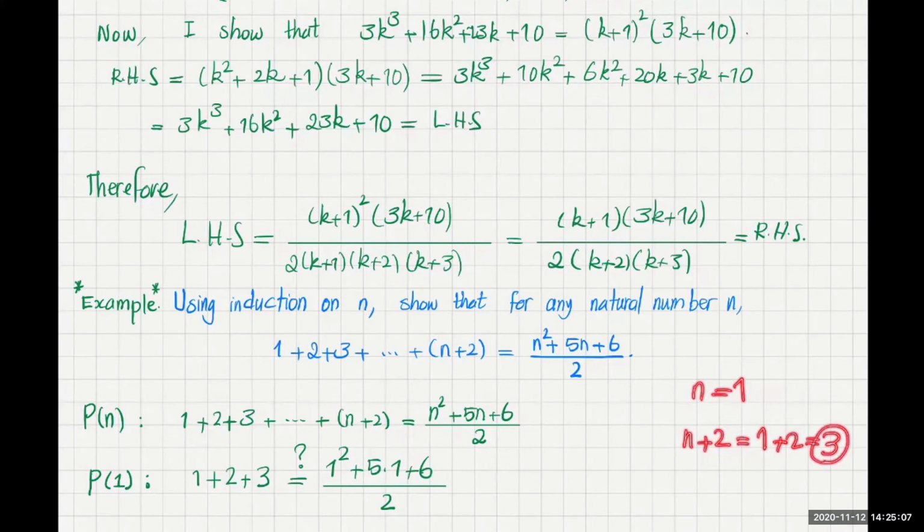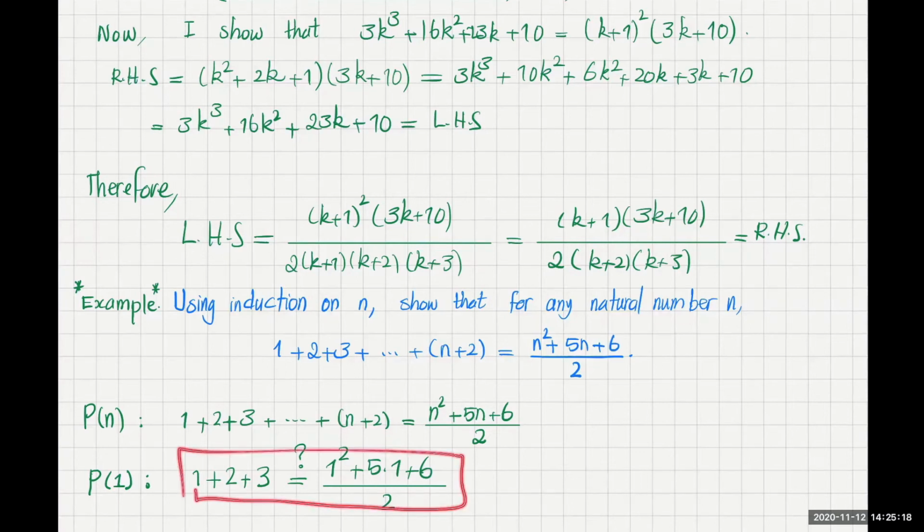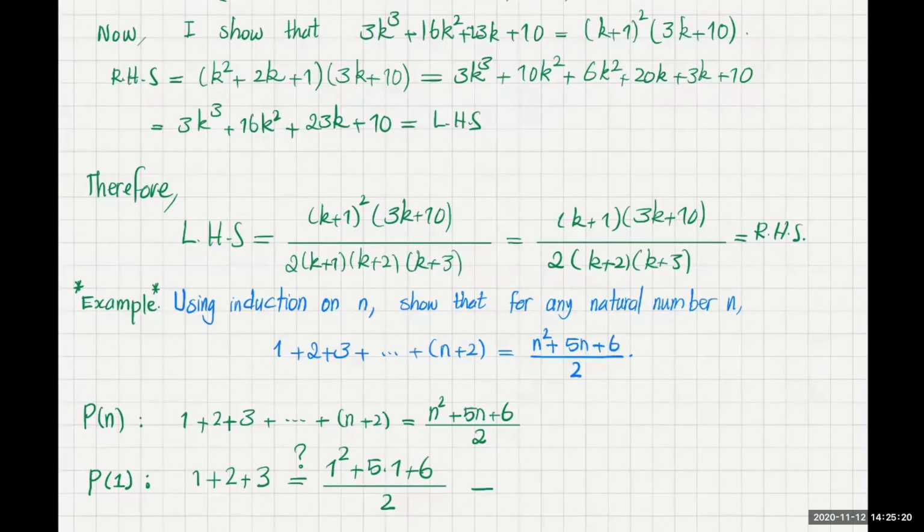So I start from 1 and continue until I reach the right level, which is 3 in this case. This is the correct way of interpreting P1, and this is 6 on the left-hand side. And if you remember, I just calculated the right-hand side, that's also 6. Then I would say that this is true. It's a very, very important point to remember.